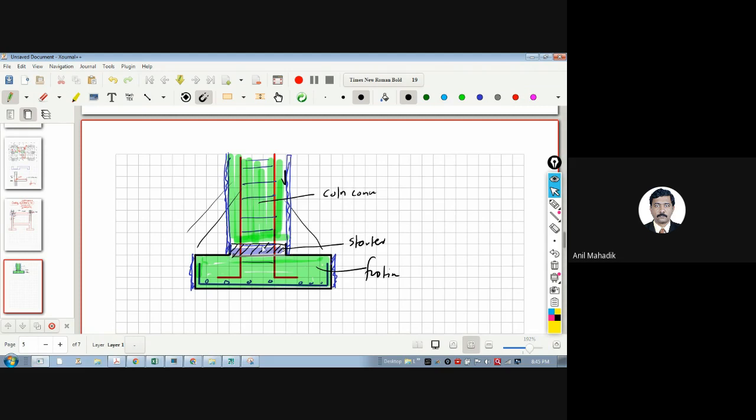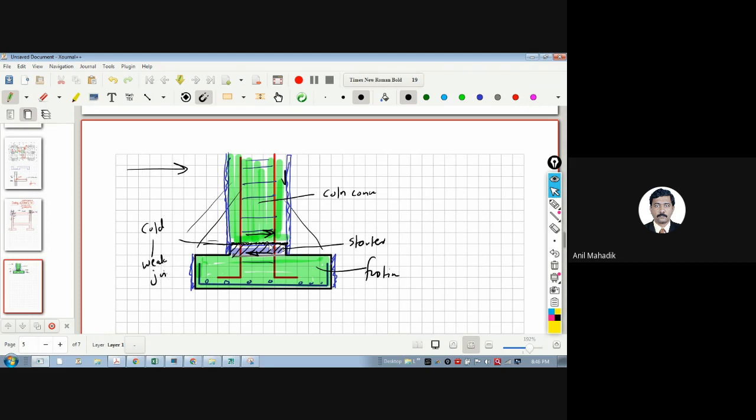But this method is nowadays not recommended by structural engineers because there is a cold joint. As I am doing this concreting the next day, there will be a cold joint, yes or no? Yes, sir. A construction joint or cold joint is there. Whenever there is an earthquake, there is a horizontal shear, as all of you know, and at this cold joint we have already created a weak joint.